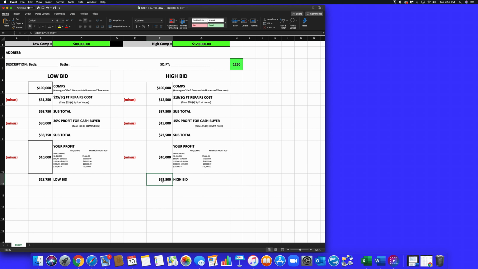So, what is the difference between a bid and a comp? If you call your coach and you say, hey, this property's got a high bid of $62,500, they've got a pretty good idea of where the pricing can be just off of the number that you gave them.